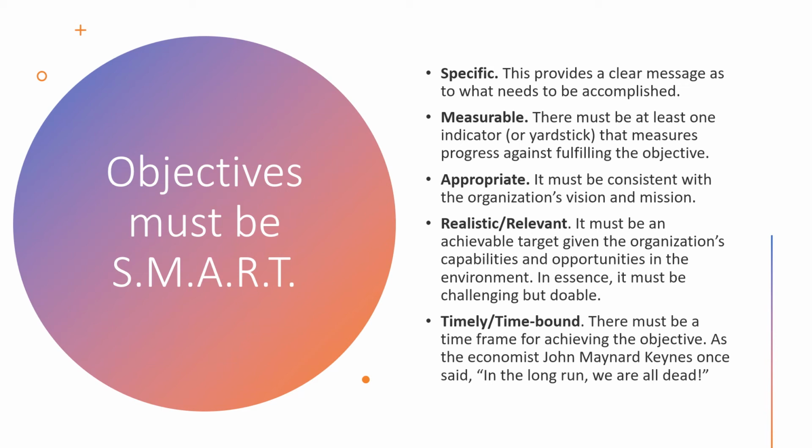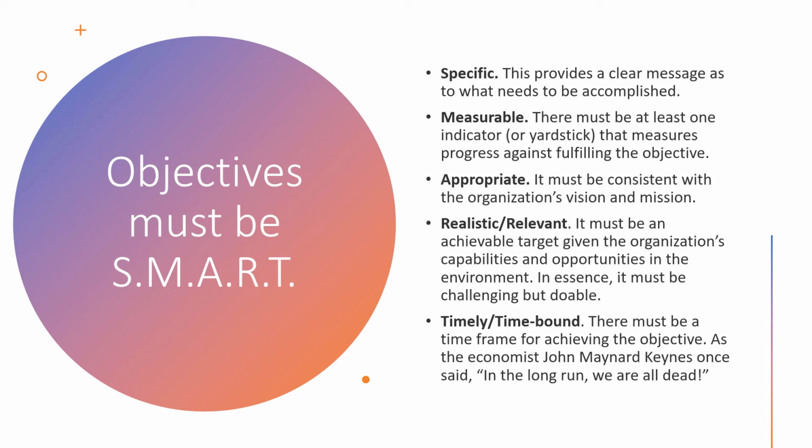Measurable, so that the company will know whether or not the objective is achieved. So there must be at least one indicator or yardstick that measures progress, again for the people in the company to know whether the objective has been fulfilled.